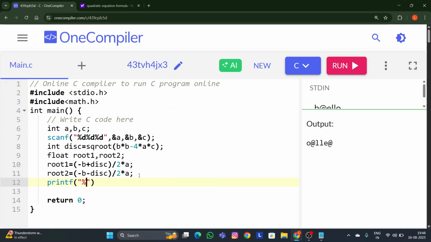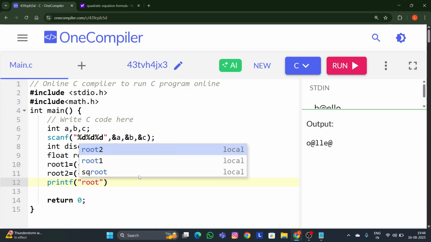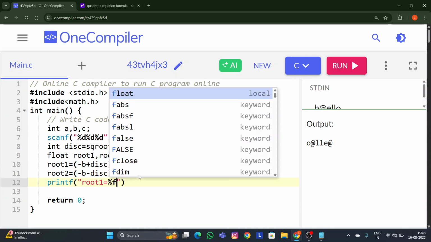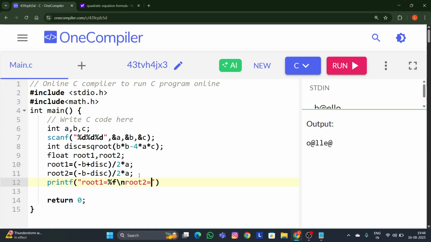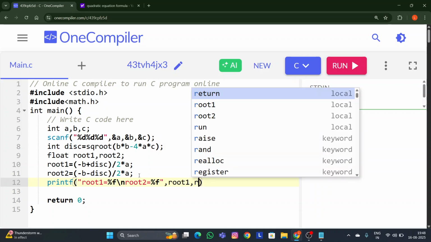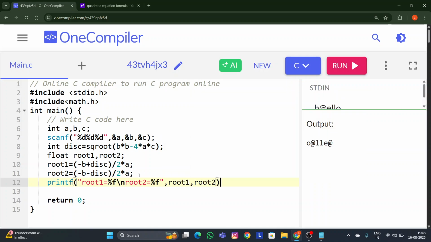Printf percentile f, root 1 is equals to percentile f slash n. Slash n is used to print the output on a new line. Root 2 is equals to percentile f, root 1 comma root 2. Just I am giving 1 5 6 as input.